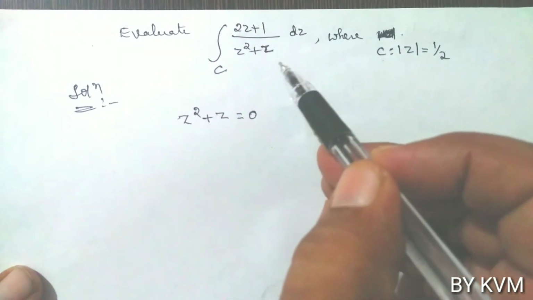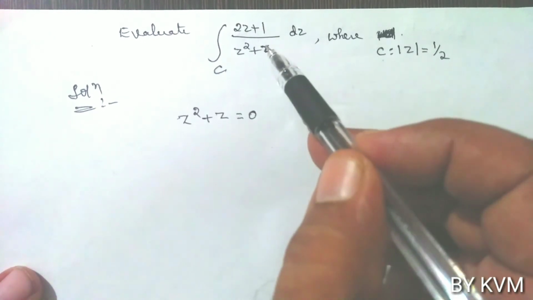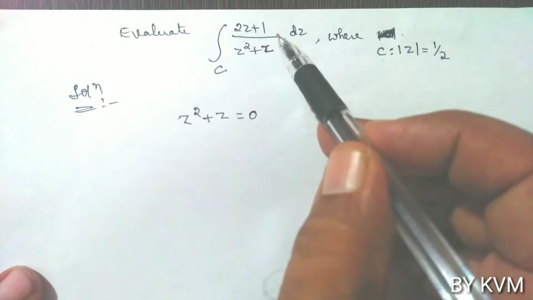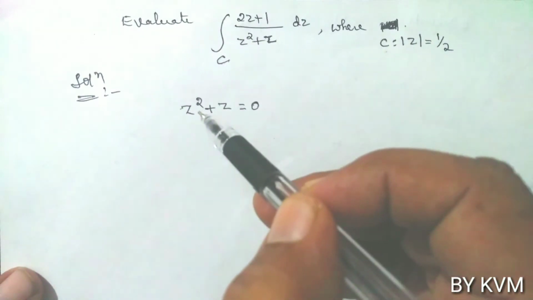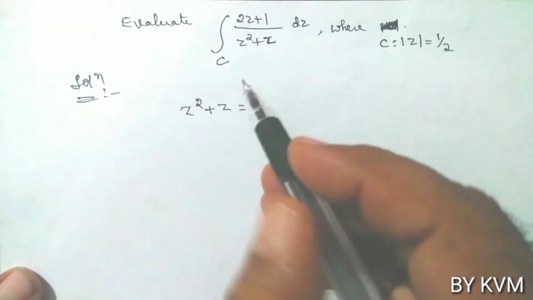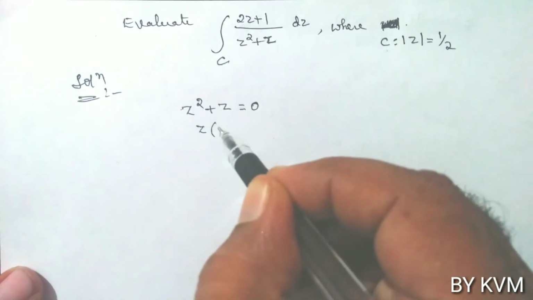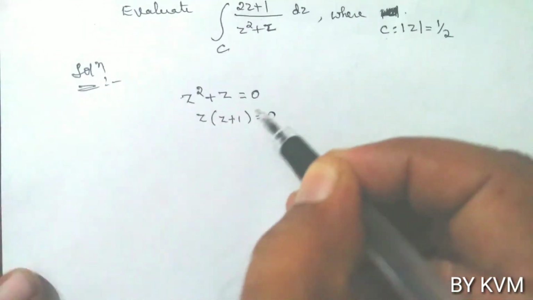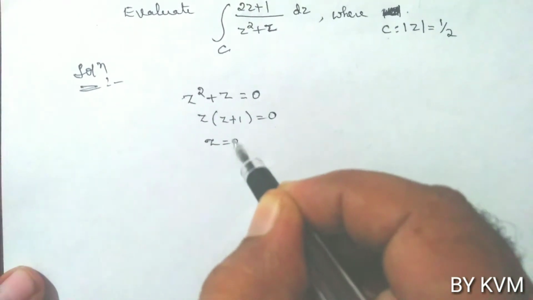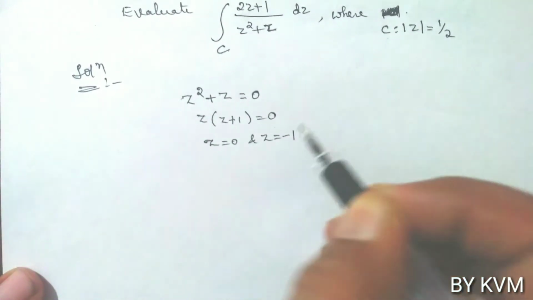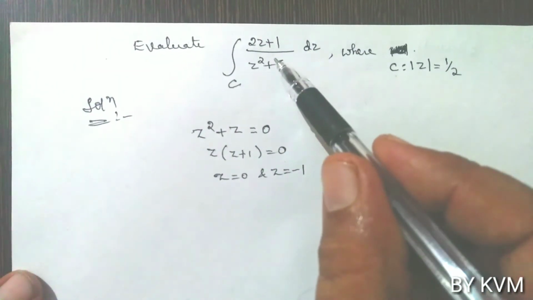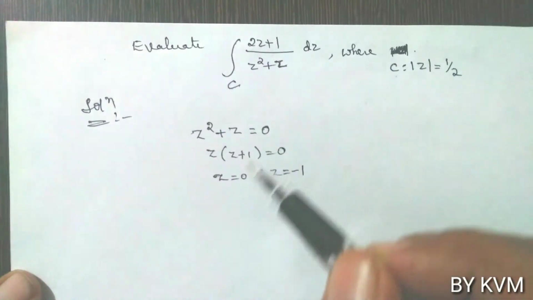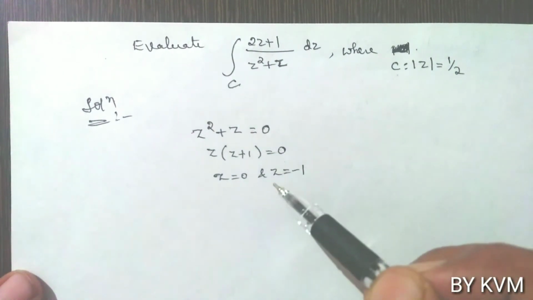The function becomes infinite when the denominator tends to 0, since 1 by 0 is infinite. So z square plus z equals 0. Taking z common, z of z plus 1 equals 0. So this implies z equals 0 and z equals minus 1.